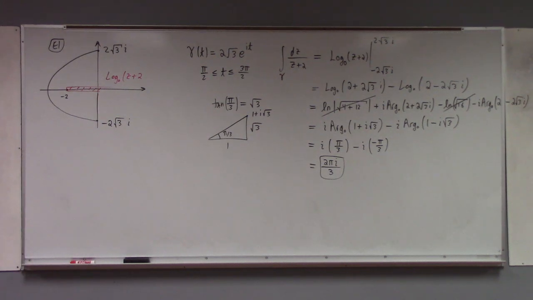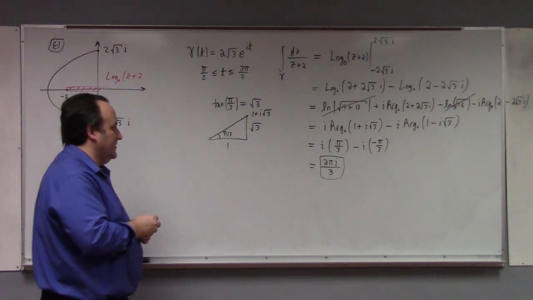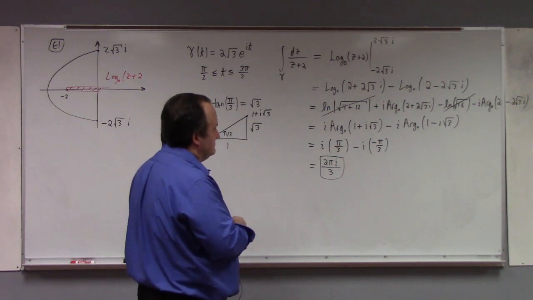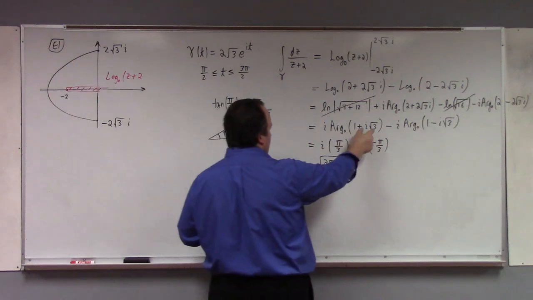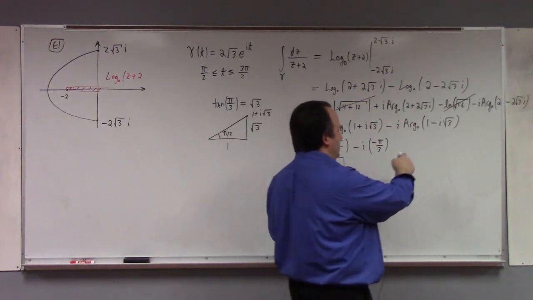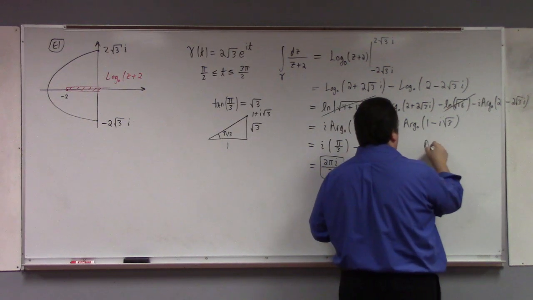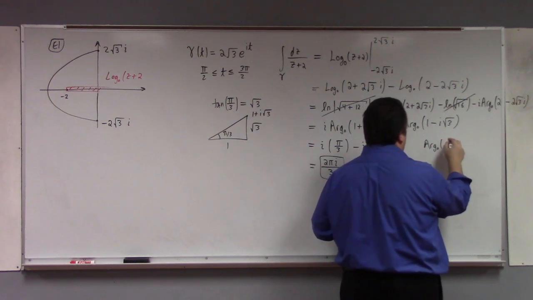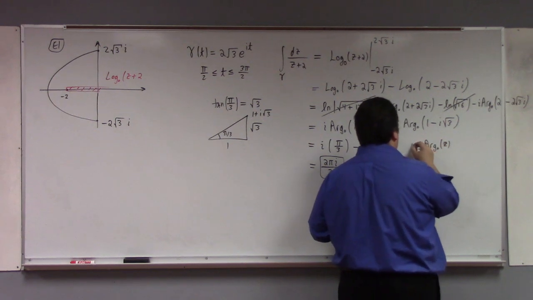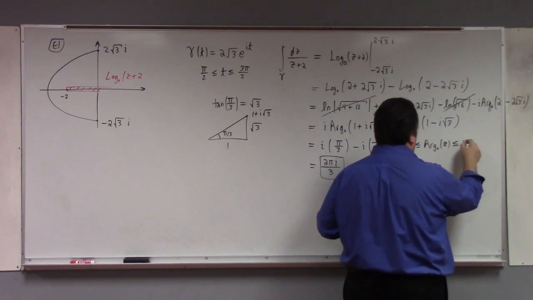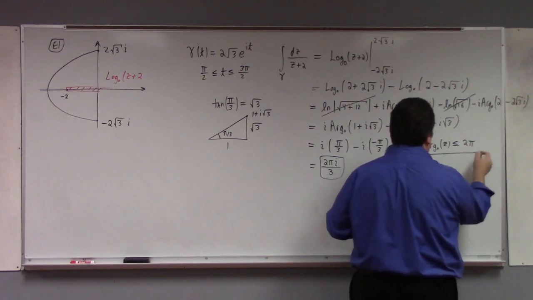Uh-oh. Well, I did something wrong. So, what did I do wrong? This one I think is okay, but where does arg sub 0 fall in?